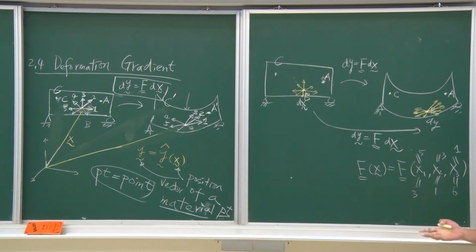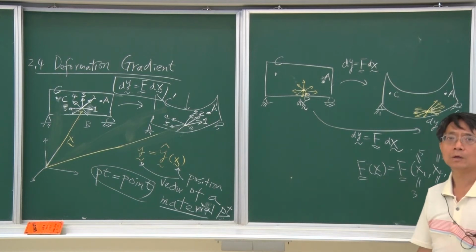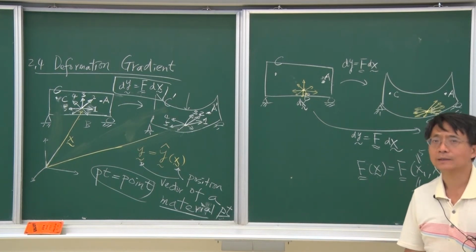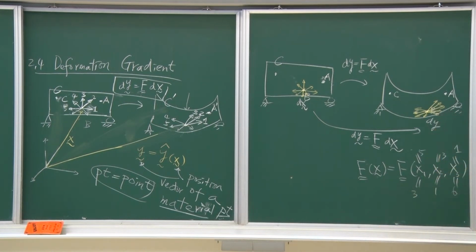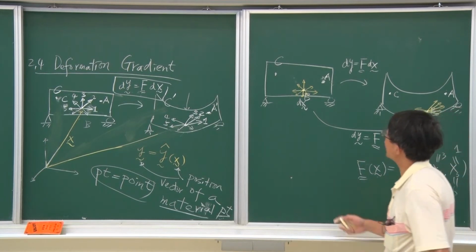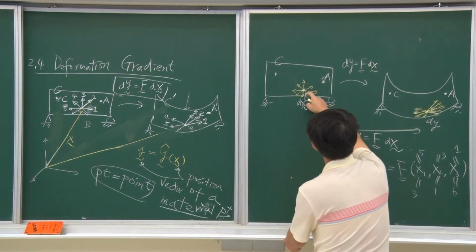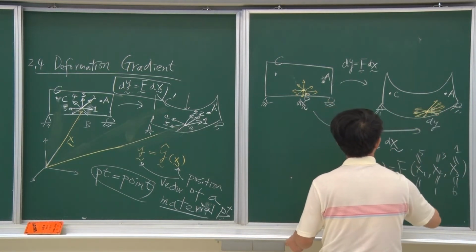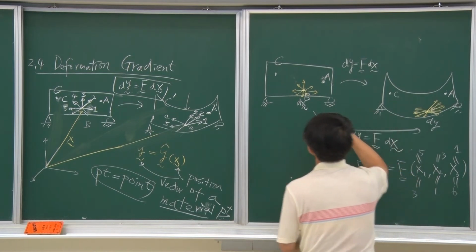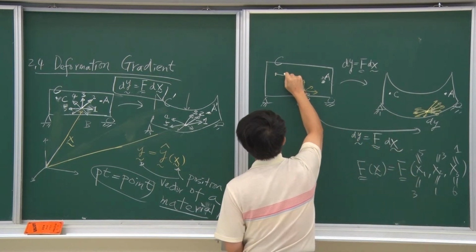Otherwise, the mechanical problem will be too easy, too simple. So at different points, we have different deformation gradients. So here, this material line will be sent to this material line by this relation.